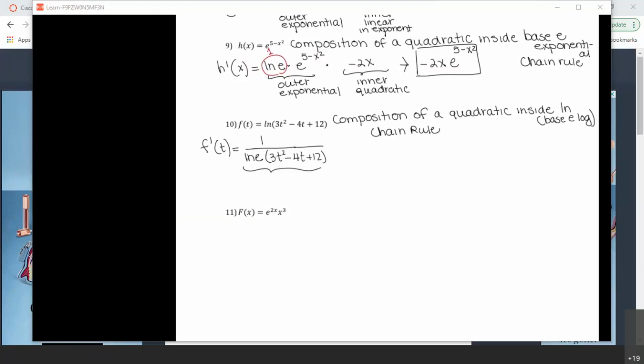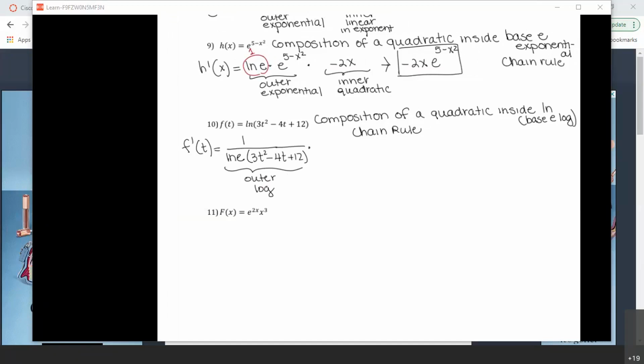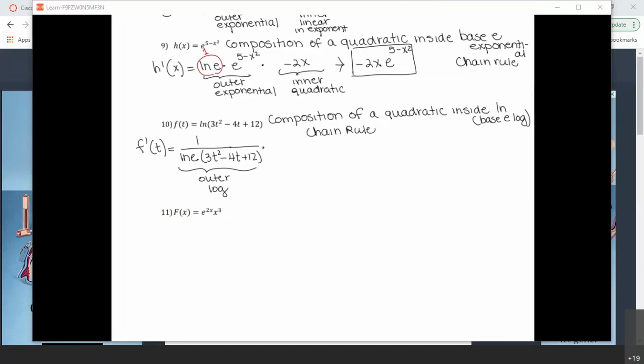Here's the outer log. Then you have to take the derivative of the argument. So this is going to be the inner. That would be 3 times 2t minus 4.